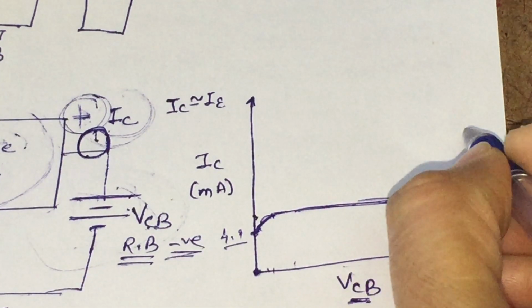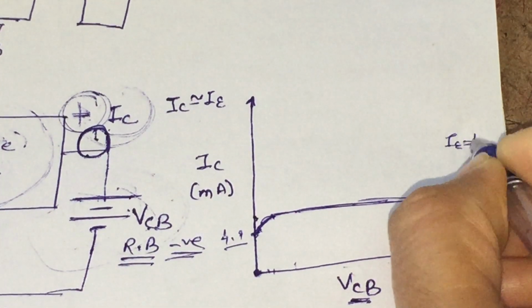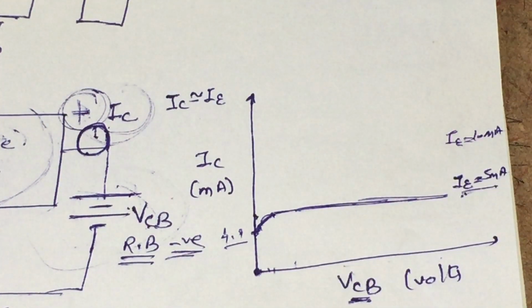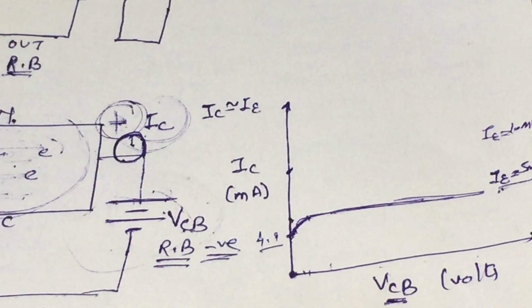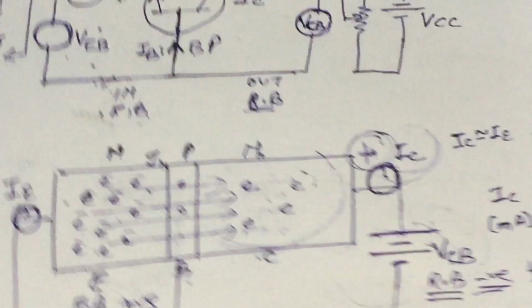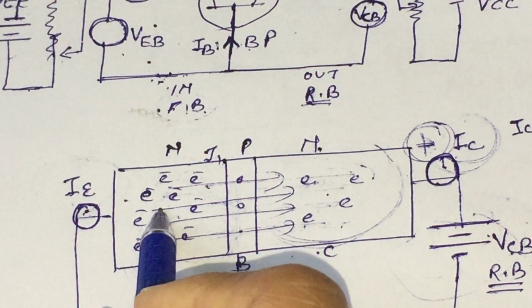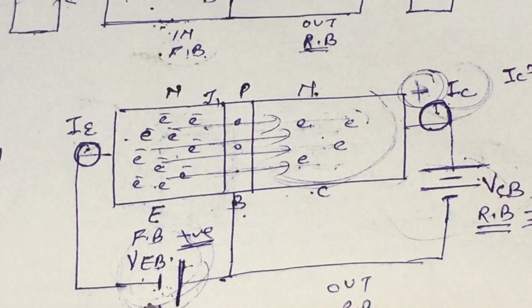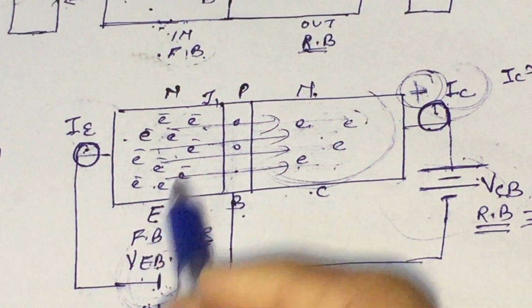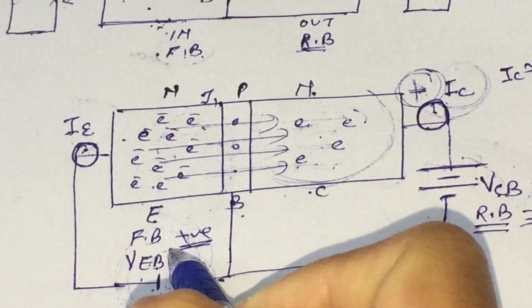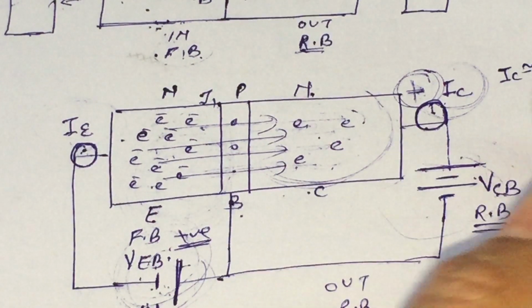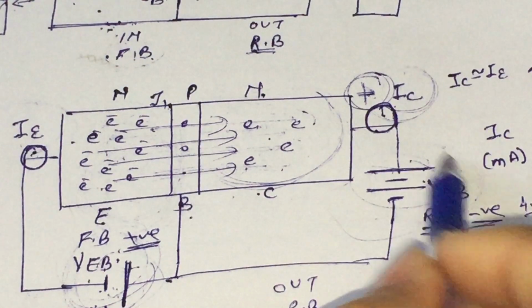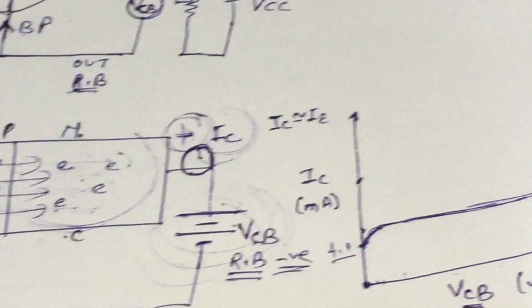Similarly, if we make our emitter current 10 milliampere, then what will happen? We will have an IC current. Let us now consider there are 200 electrons and these electrons are pushed by this source, and this source easily diffuses these electrons into the collector region, and there is a collector current even when there is no potential at that side.